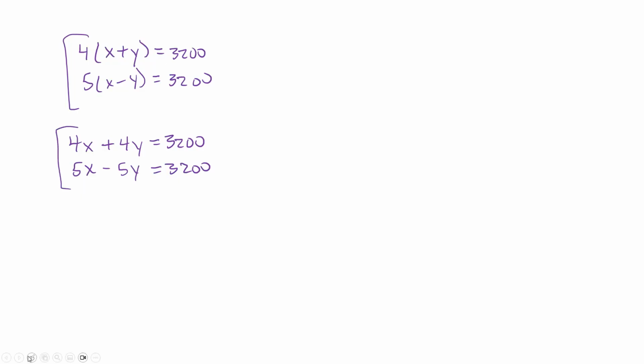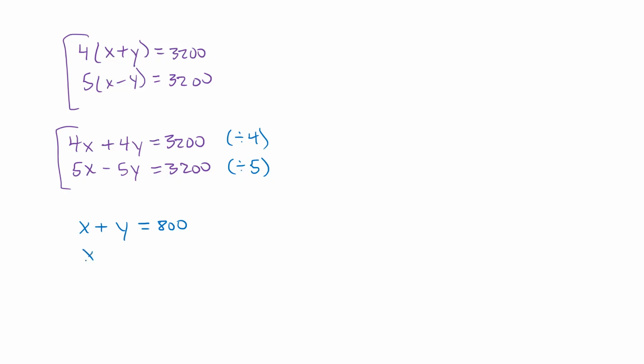Now we want to determine what variable to eliminate. Let's eliminate the y. What I'm going to do is divide everything in the first equation by 4 and then divide everything in the second equation by 5. That would give me x plus y equals 800.